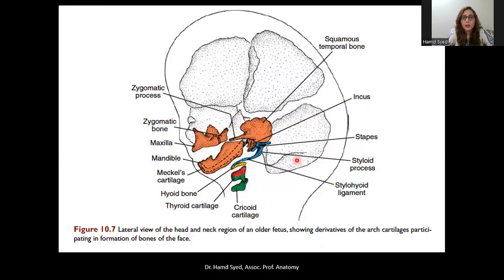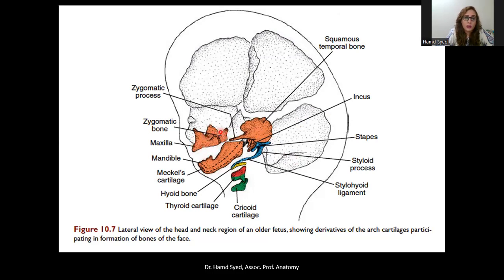Now, this is a lateral view of the head and neck region of an older fetus, showing us the formation of different skeletal components from the arches. This is a color-coded diagram, so it's easy to understand and remember the derivatives of the arches. Let's look at those parts which are shaded in an orange or brown color. The orange-brown color is showing us the different parts of the facial skeleton which are derived from the first pharyngeal arch.